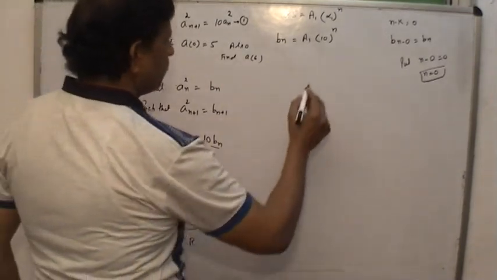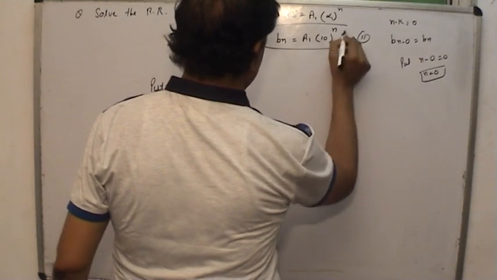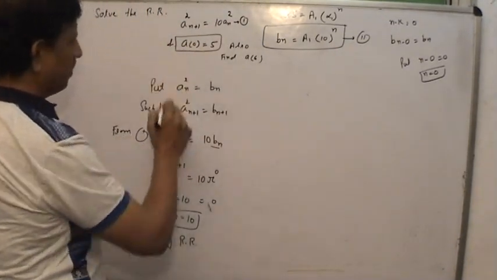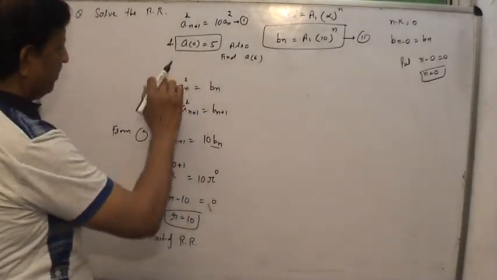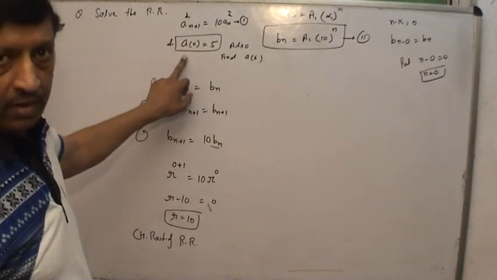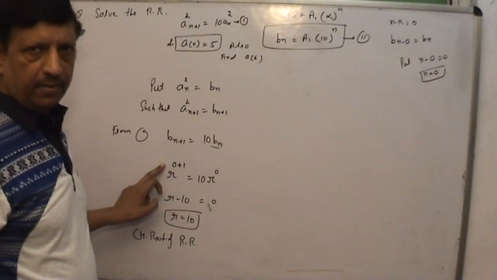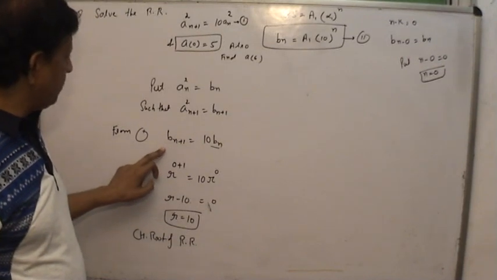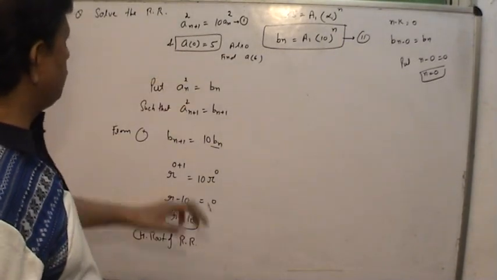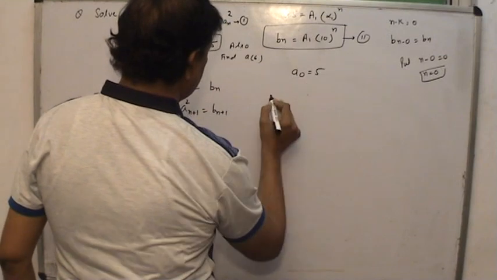Now we can solve this general solution by using the initial value conditions. But these conditions contain the values of a, and we have changed the recurrence relation into b, because b is equal to a square. In general we can say, now a0 is equal to 5.